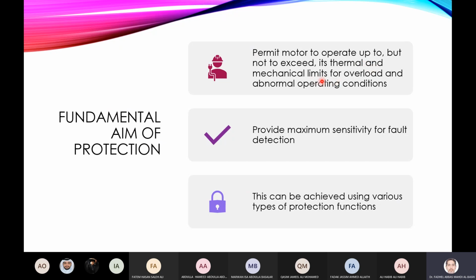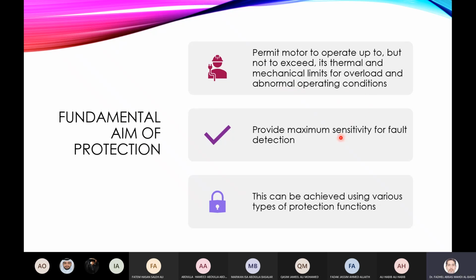Mechanical limits relate to vibration, maybe, and thermal limits relate to the overload and the thermal capability curve that I showed you in the previous slide, for both overload and abnormal operating conditions.